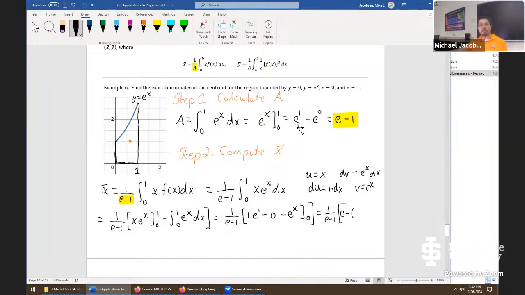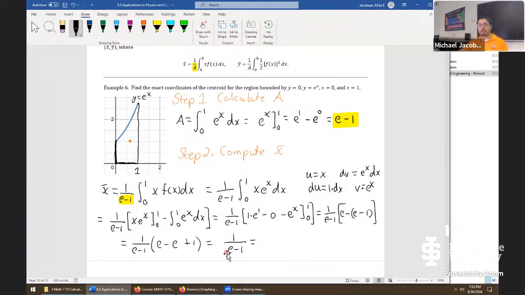In fact, we've done that once already, so let's just put that in: e minus 1. Next, we'll distribute the negative sign through, and we just about have an answer. 1 over e minus 1 times e minus e plus 1. So at the end of the day, this is just 1 times the reciprocal of e minus 1, 1 over e minus 1.